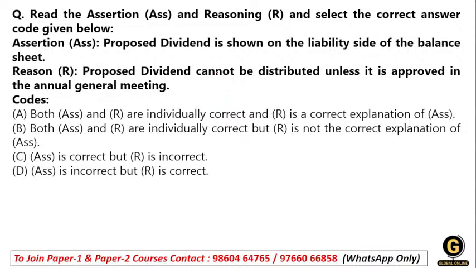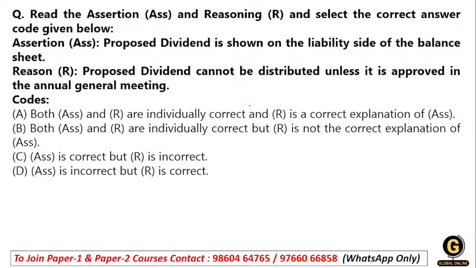The first question on your screen gives an assertion and a reason. The assertion is that the proposed dividend is shown on the liability side of the balance sheet. The reason given is that the proposed dividend cannot be distributed unless it is approved in the annual general meeting. First of all, you have to know the meaning of proposed dividend.